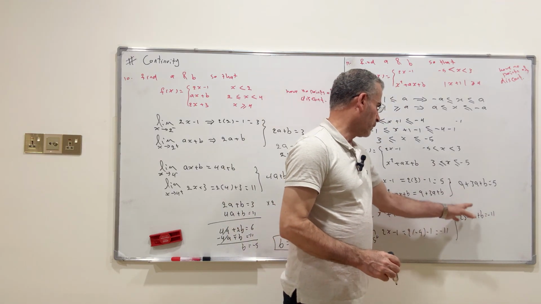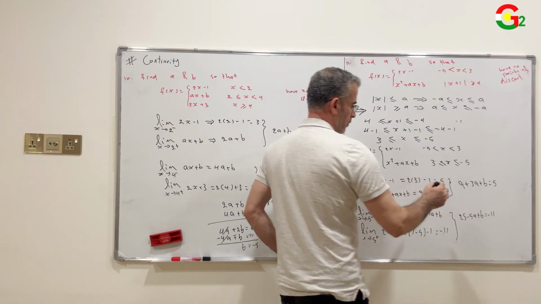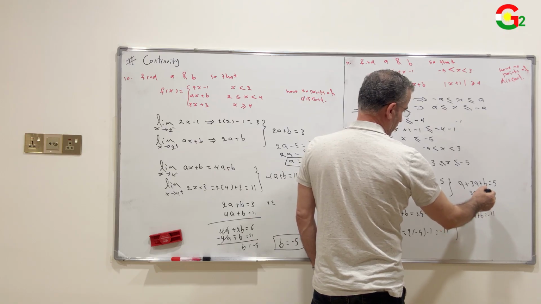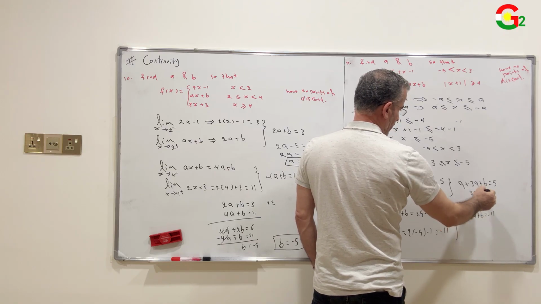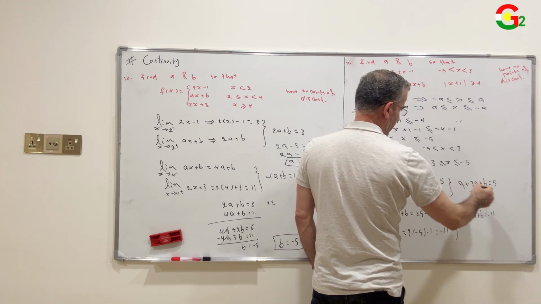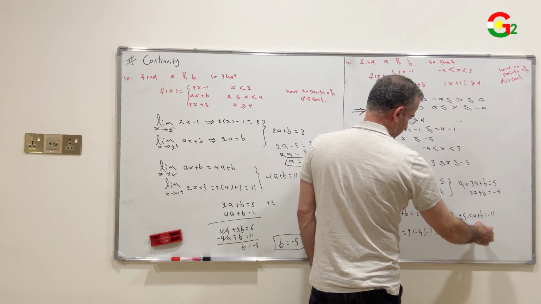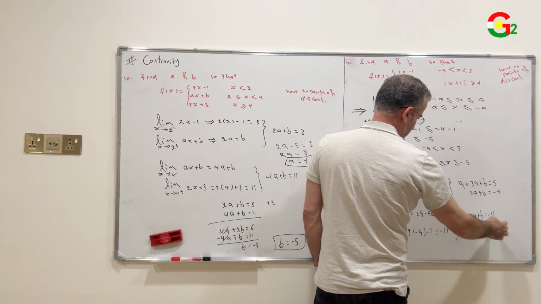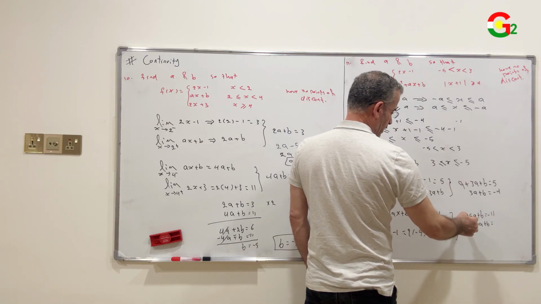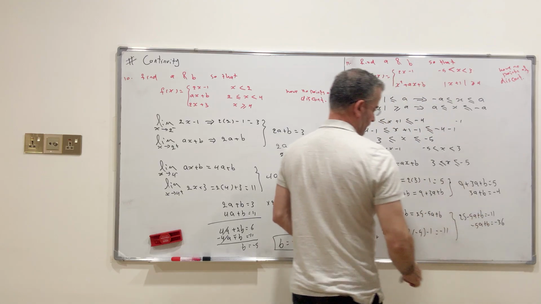Now, I have two equations with two unknown constants. Let me rewrite this equation as 3a plus b equal to 5 minus 9, negative 4. And this equation, negative 5a plus b equal to negative 11 minus 25, negative 36.